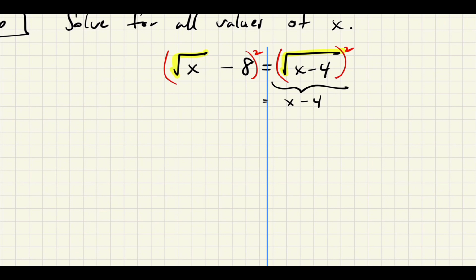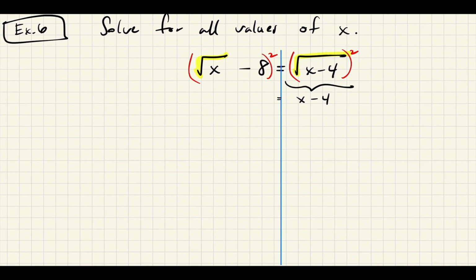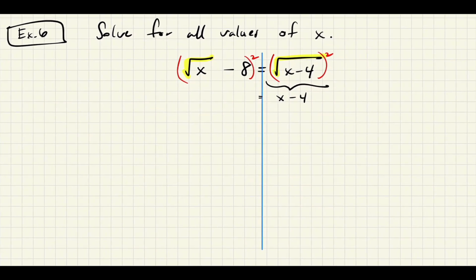So on the right side, it's x minus 4. On the left side, unfortunately I can't do it as easy because the -8 is not underneath the radical. So I got to do a multiplication box.